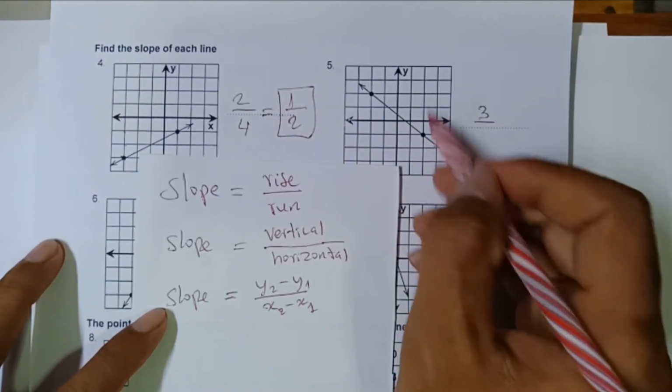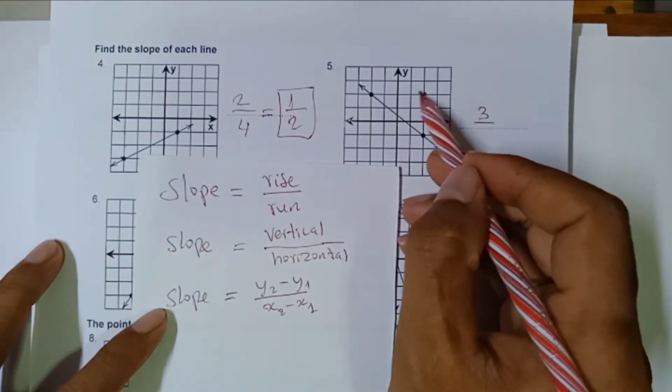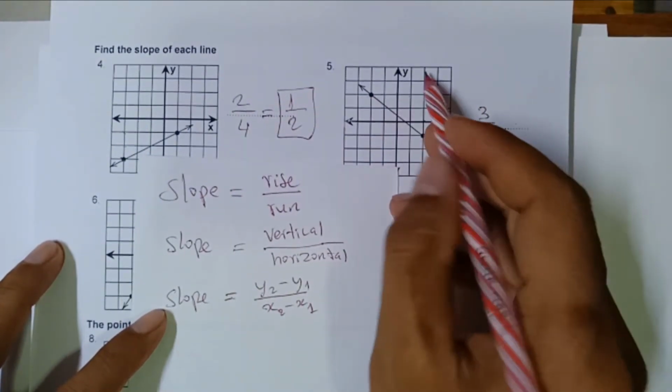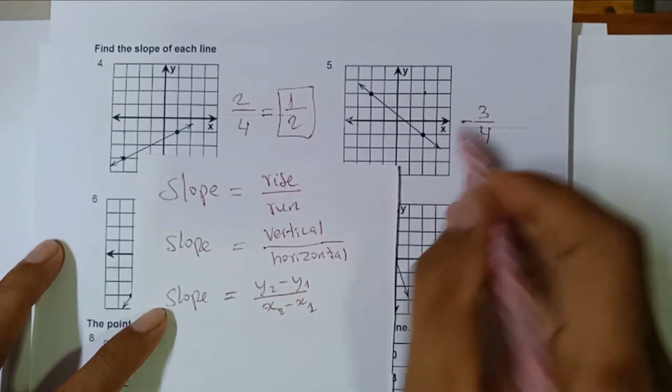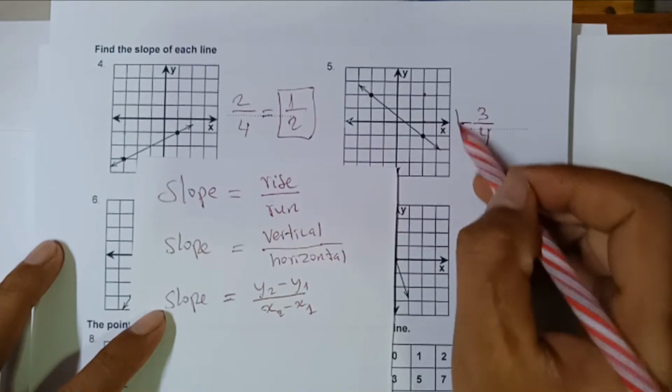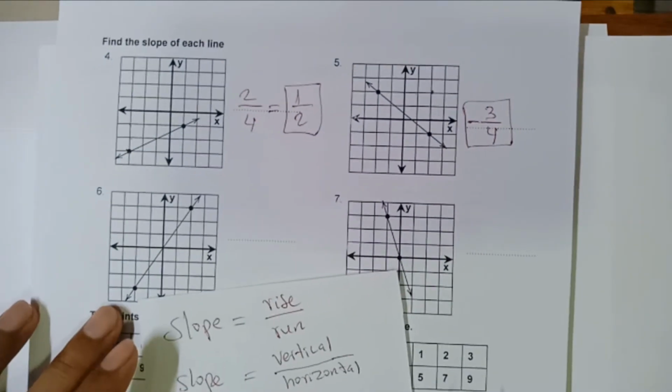Over the horizontal: 1, 2, 3, 4. Since you count to the left-hand side, it's going to be minus 4. So our slope is negative 3 over 4.